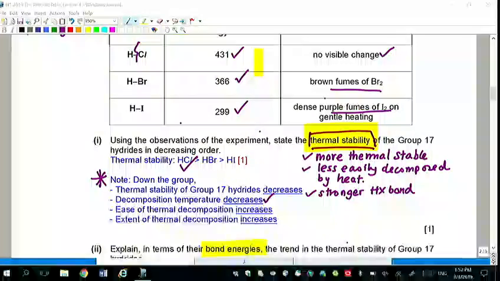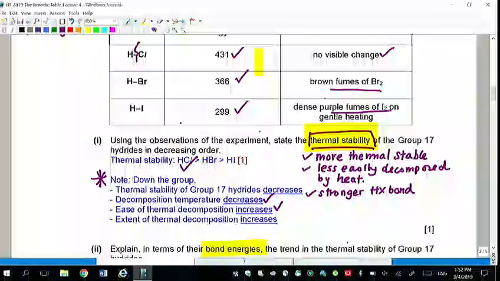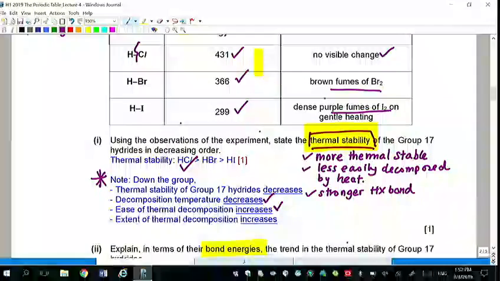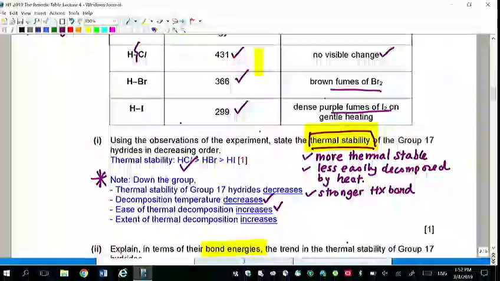Next is the ease of thermal decomposition. It becomes easier to decompose your group 17 hydride. Hence, ease of thermal decomposition increases down the group. Because it becomes easier to decompose, we say that the extent of thermal decomposition increases down the group.